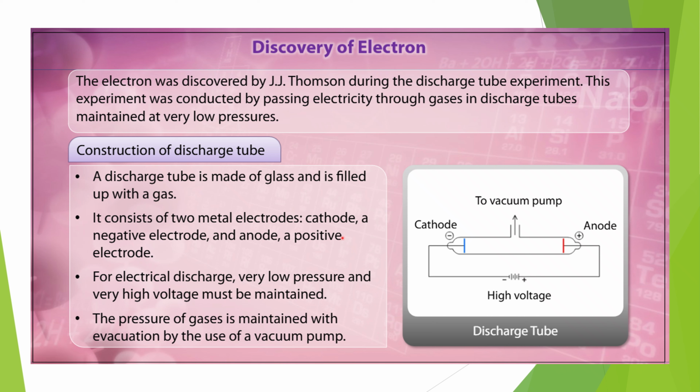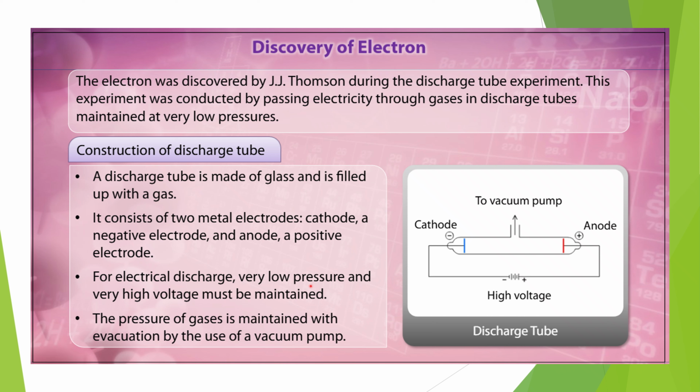So how did we construct the discharge tube? Well, for that, we had a discharge tube which was made up of glass, and it consisted of two metal electrodes, like you can see the cathode which is negatively charged and the anode which is positively charged. And what were the conditions which we maintained in it?